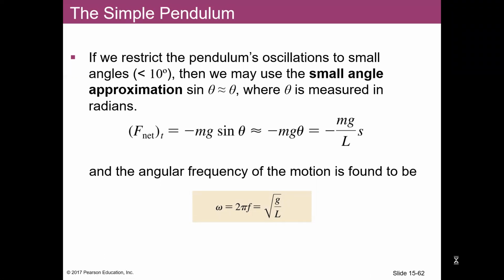So if you have theta on the horizontal coordinate and sine of theta on the vertical, then obviously it's going to be something like this, right? And if you zoom in enough on the sine graph, then very close to the origin, it looks exactly like the function theta.